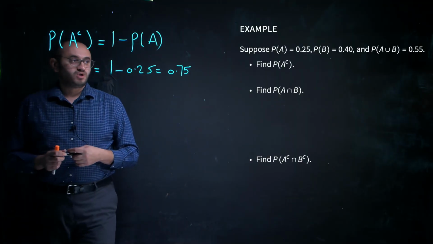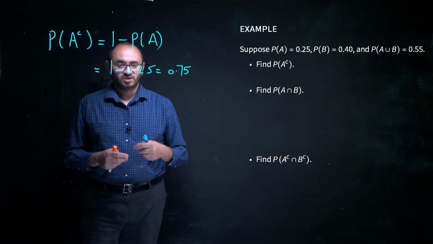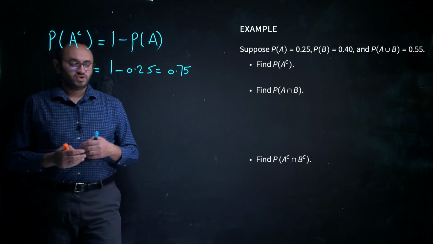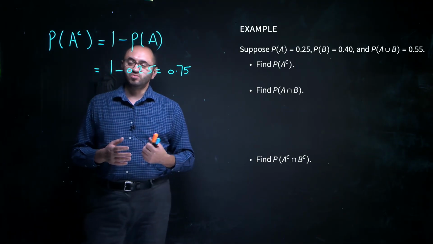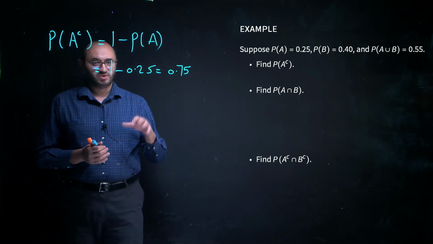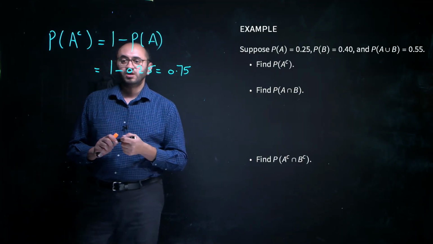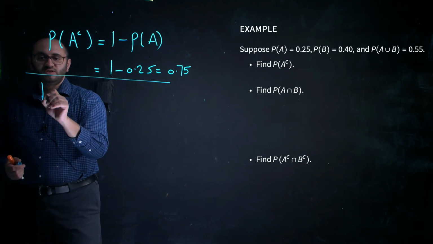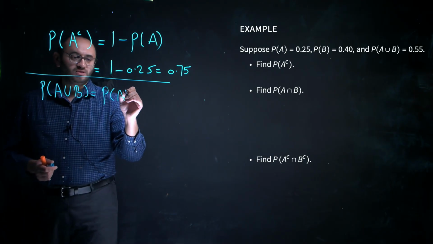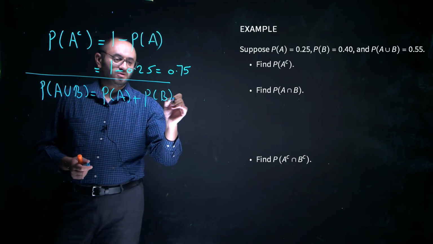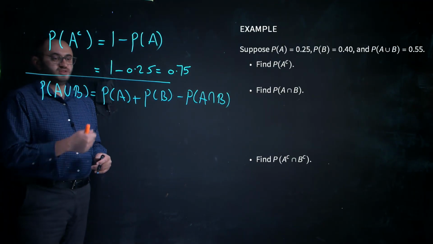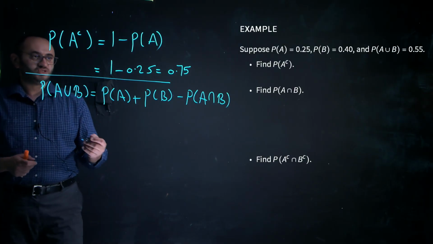B, what is probability A intersection B? All right, now we haven't learned probability of A intersection B so far, but we know probability A union B in the formula. There is probability of the intersection, right? So let me remind you, probability of A union B equals probability of A plus probability of B minus probability of A intersection B, right? So probability of A union B is given, which is 55%.